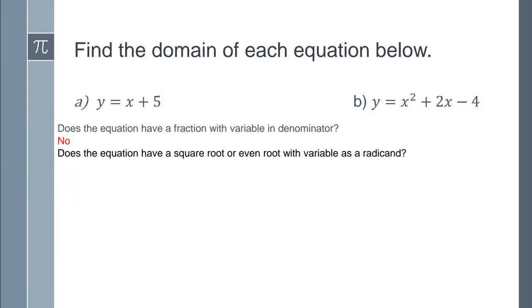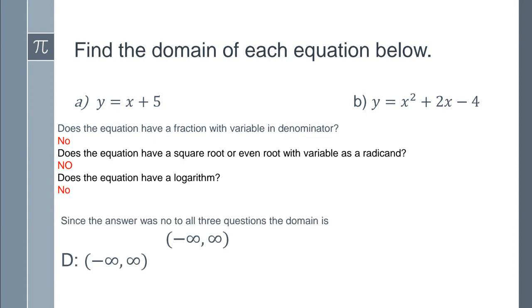And again, you would ask yourself these questions. Does the equation have a fraction? No. Does the equation have a square root? No. Does the equation have a log? And logs, when you see them on a problem, they're going to say log. So it doesn't meet any of these criteria.